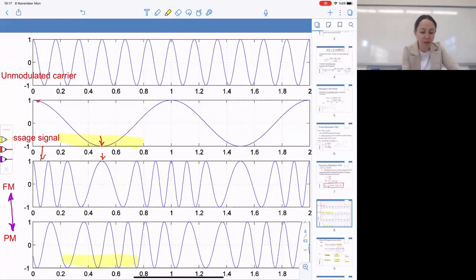It's highest around here, for example. So we obtain the highest frequency. So again, it's highest around here. Okay.